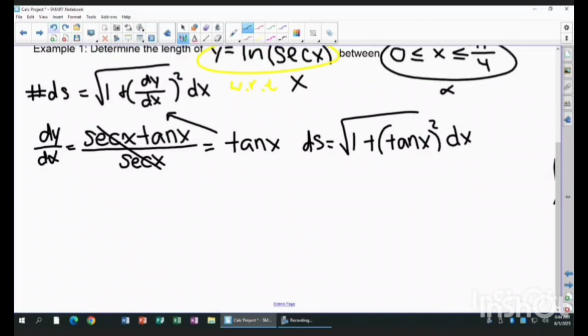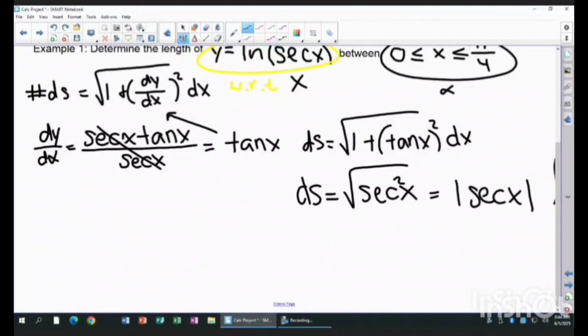So this will become ds equal to the square root of secant squared x, by the identity. And since this is squared, this becomes the absolute value of secant x. Because secant x is positive on the interval, you can take away the absolute value, and it's just going to be secant x. So now this is what you're going to put into your integral.